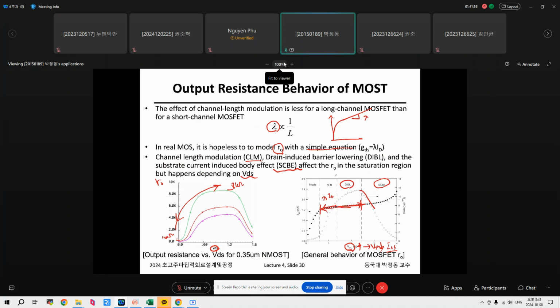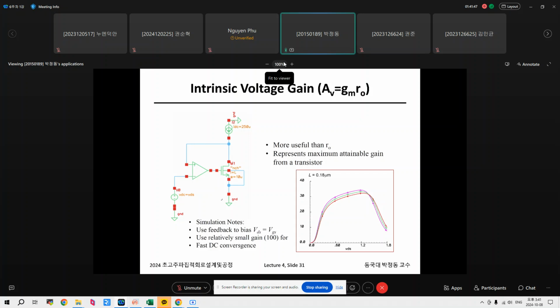Channel length modulation and DIBL. And as can be seen here, this slope is almost the same as this slope. Of course, strictly speaking, Vout slightly increases as it goes to DIBL. So this is the setup for extracting Av equals GM RO, which is the intrinsic gain.